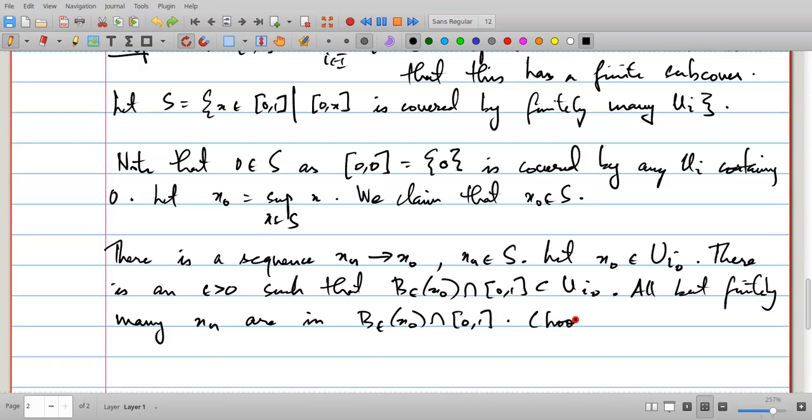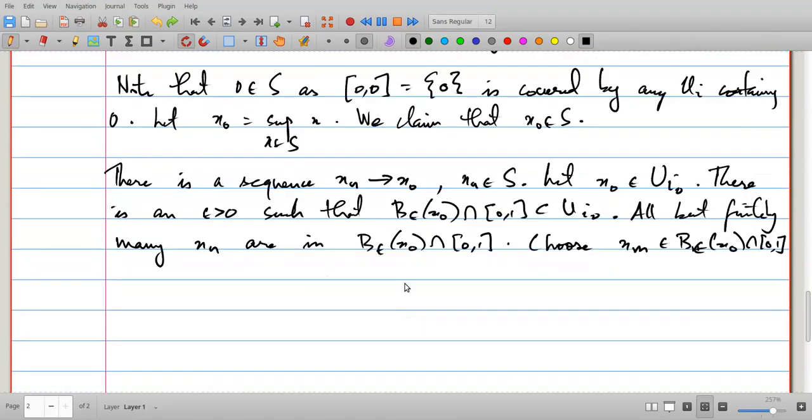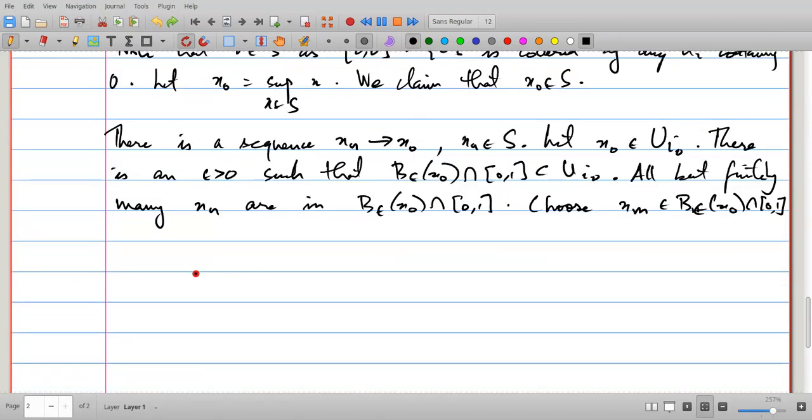So choose some x_m in B_epsilon(x naught) intersected with [0, 1]. Our picture looks something like this. This is 0, this is 1, x naught is somewhere here, this is the ball, and our x_m is somewhere here.